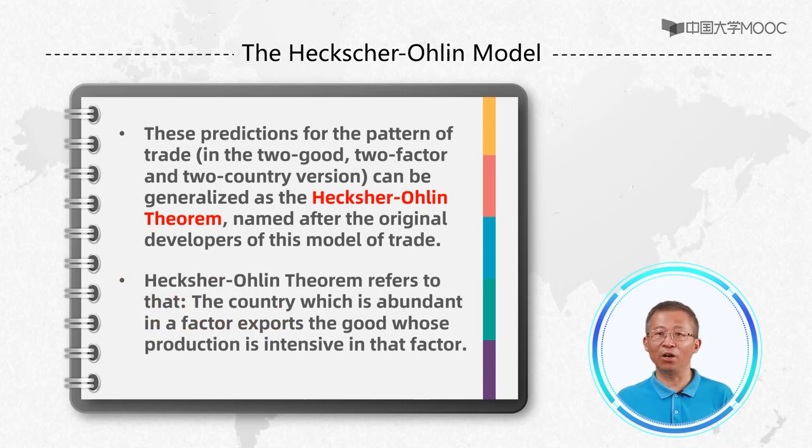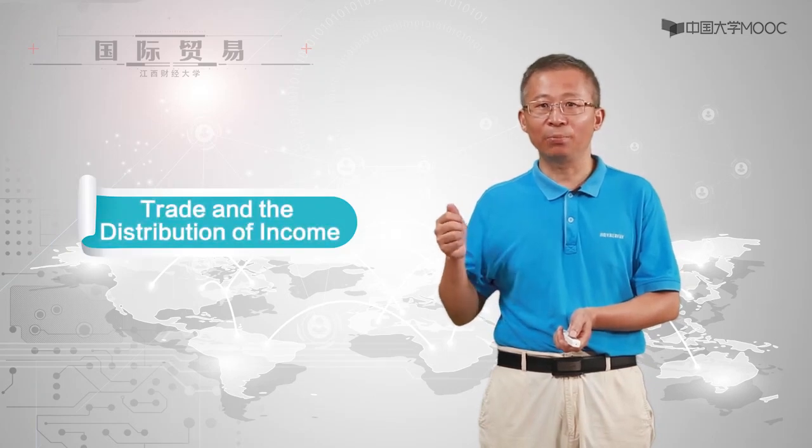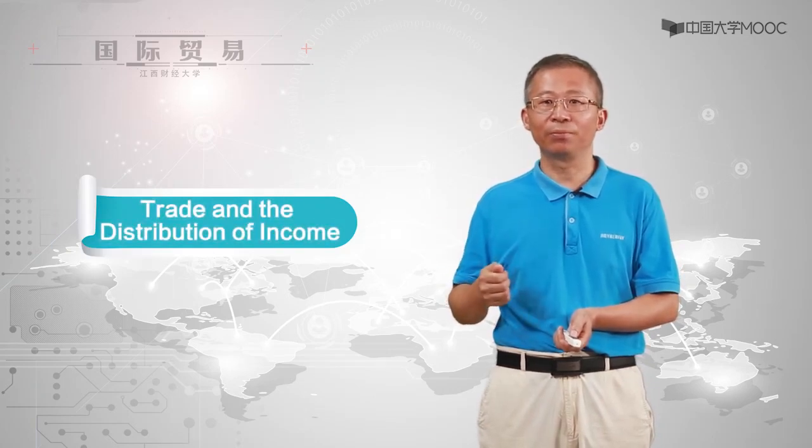The Heckscher-Ohlin theorem states that the country which is abundant in a factor exports the good whose production is intensive in that factor. Third, trade and distribution of income.